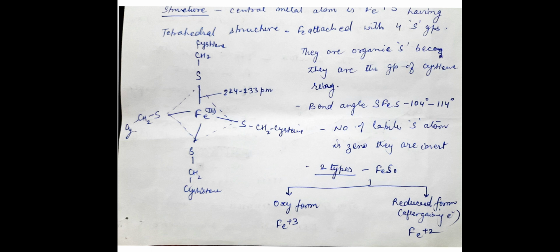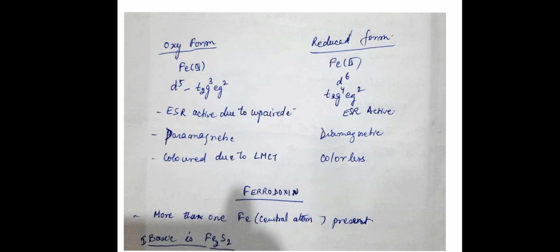Now what is the difference between oxy and reduced form? You see here that iron is in the +3 state in the oxy form, and in the reduced form iron is in the +2 state. D5 configuration, t2g3 eg2. D6 configuration, t2g4 eg2. This is the configuration according to the crystal field theory.